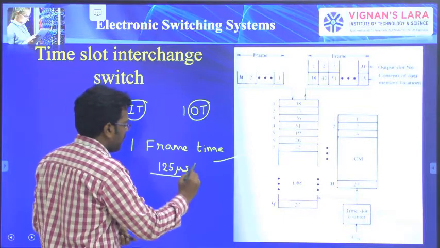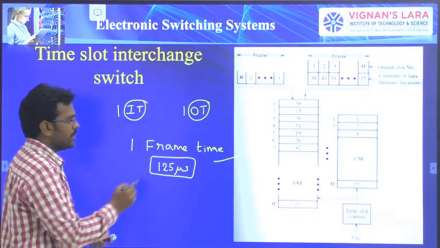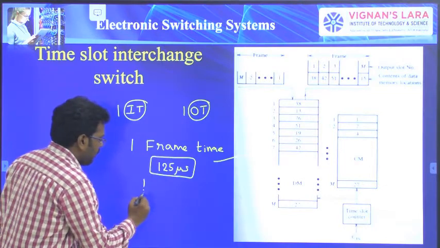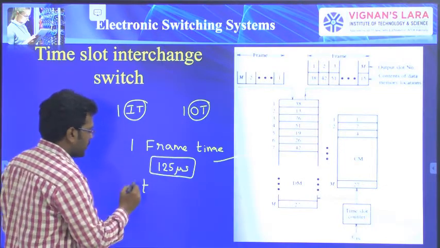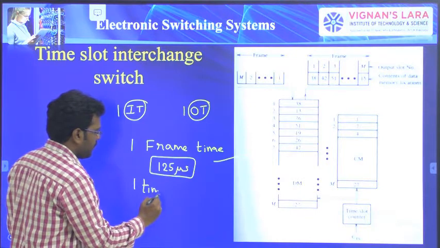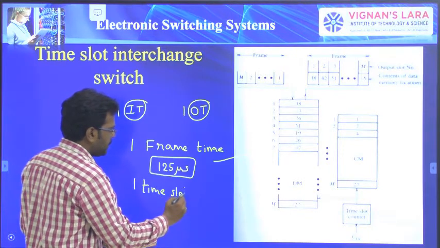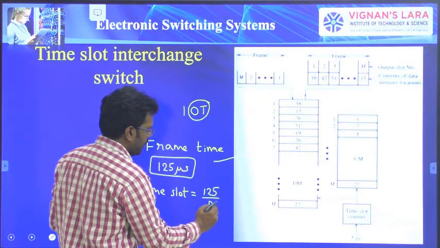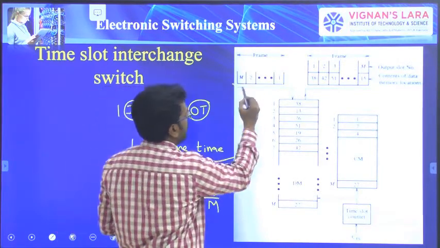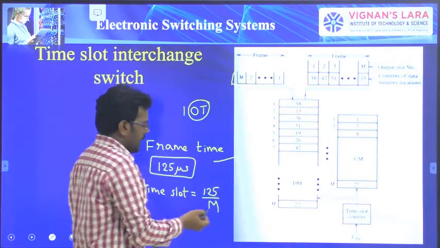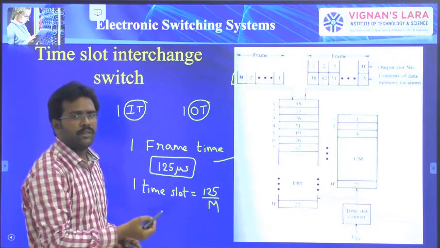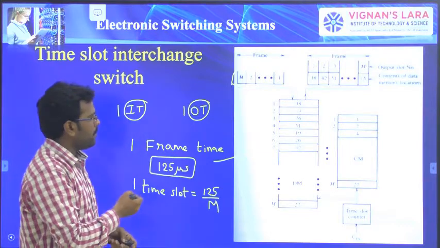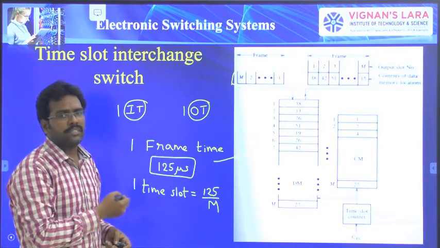If this time frame contains m modules, you can define one more parameter called one time slot. One time slot is nothing but 125 by m, since this time frame is divided into m modules. So these are some of the points we already came across in the previous class.